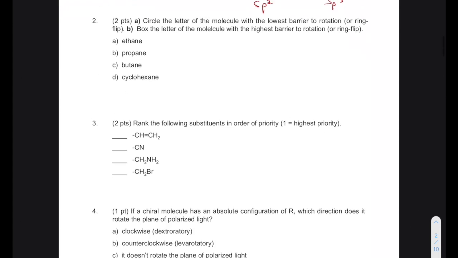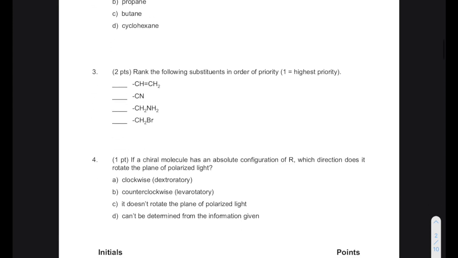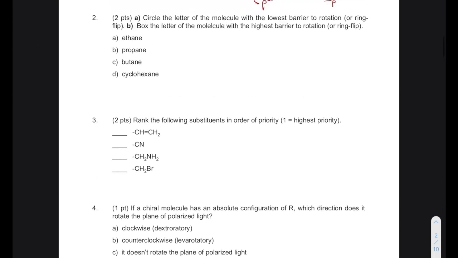Okay, question 2. Question 2 had to do with the barrier rotation. So something that made this problem much easier was knowing that roughly the chair flip energy for a cyclohexane is on the order of 10 kcals per mole. And the energies of all of these barrier type rotations are only 2 or 3 kcals per mole.